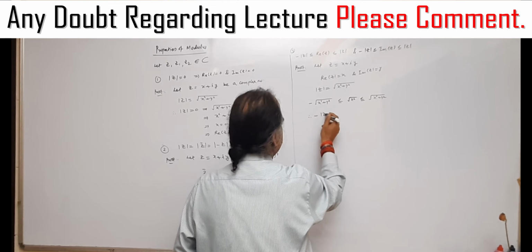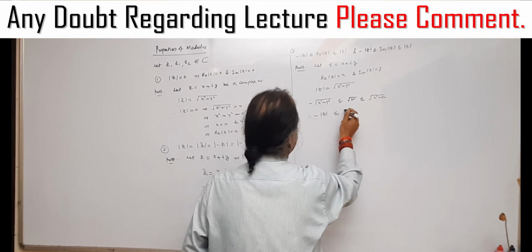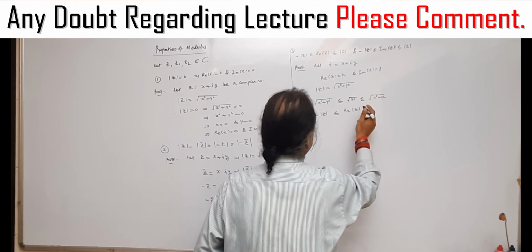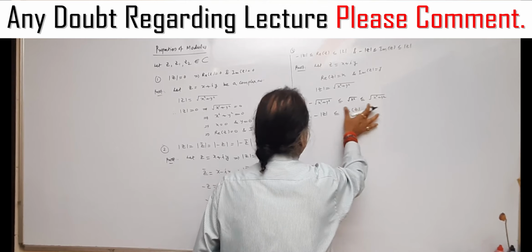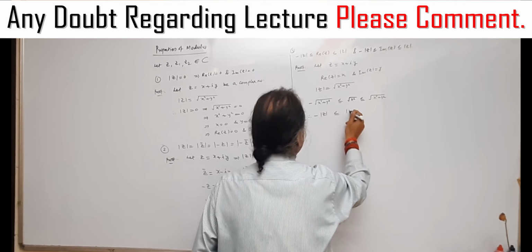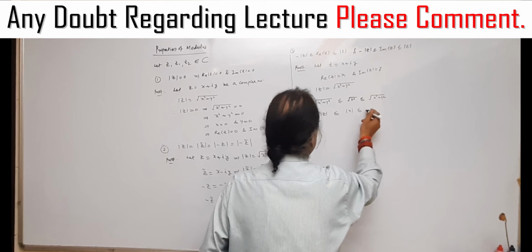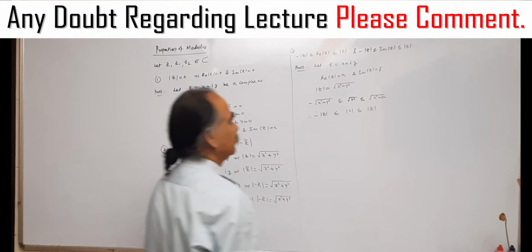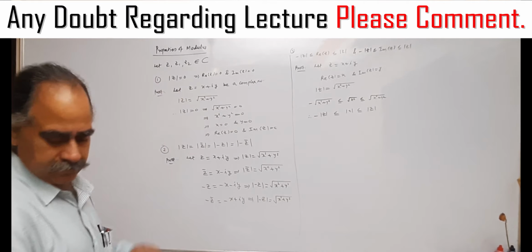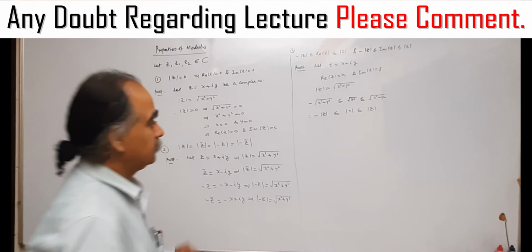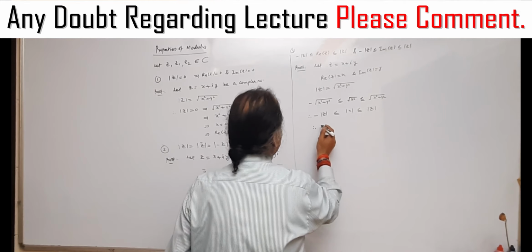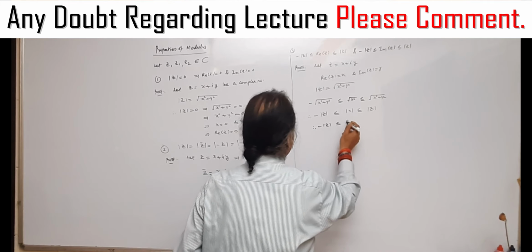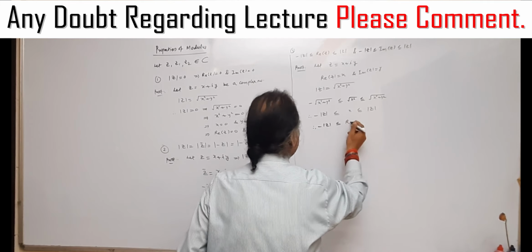So minus modulus of z is less than or equal to real part of z, that is x, which is less than or equal to plus mod z. Therefore, real part of z lies between minus mod z and mod z.